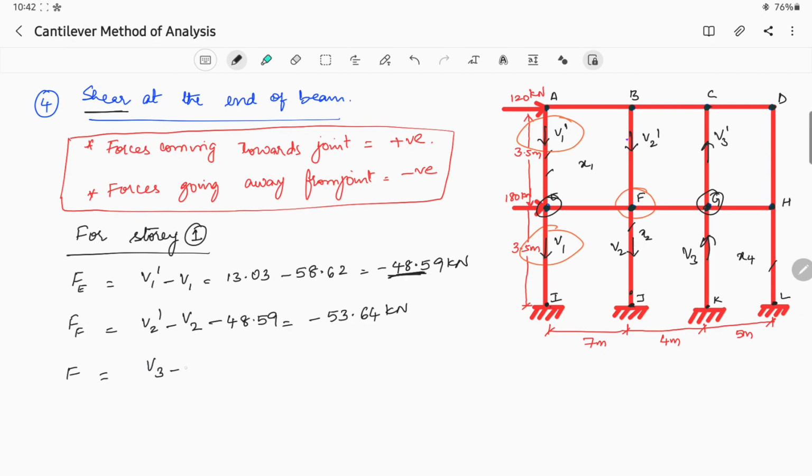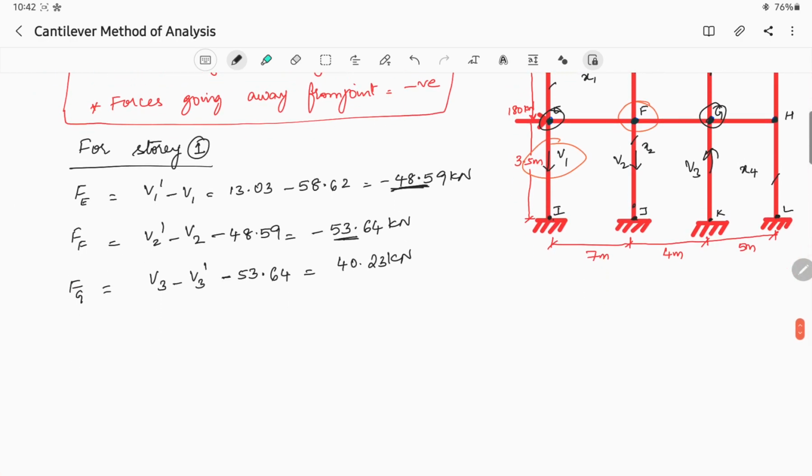V3 minus V3 dash minus the previous value, that is minus 53.64, equal to, if you substitute the values of V3 and V3 dash, you will get the value as 40.23 kilonewton. This is for joint G.